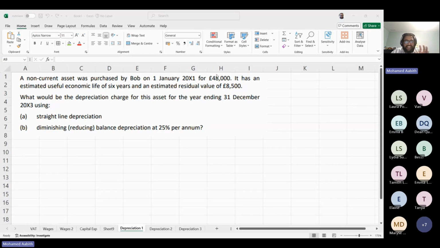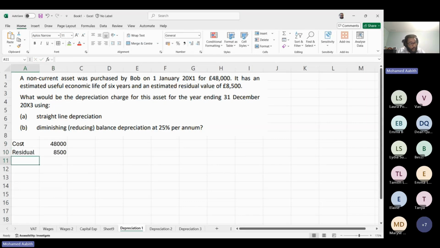So let's consider what the facts are. First is the cost. It is 48,000 pounds. What is my residual value? It means the money I'm going to get when I sell it, 8,500 pounds.